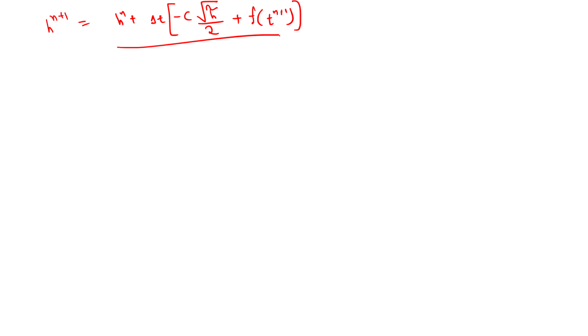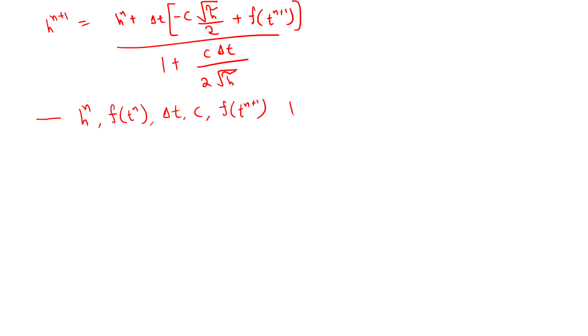The second approach was the linearization approach. For that, the expression was h_{n+1} is equal to h_n plus delta t times minus c root of h tilde divided by 2 plus f of t_{n+1}, divided by 1 plus c delta t divided by 2 root of h tilde. So the algorithm will become that first I have h_n, f of t_n, delta t, c, f of t_{n+1}, and these values are known.